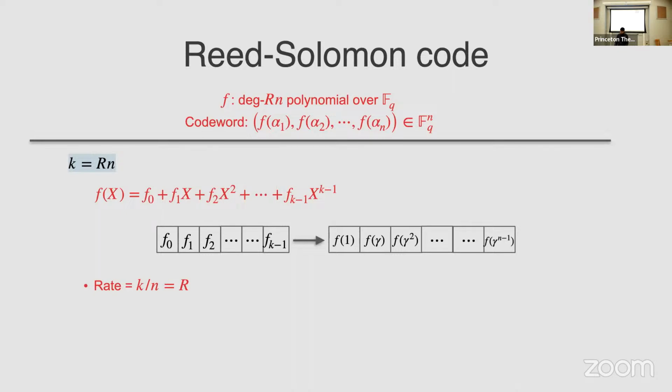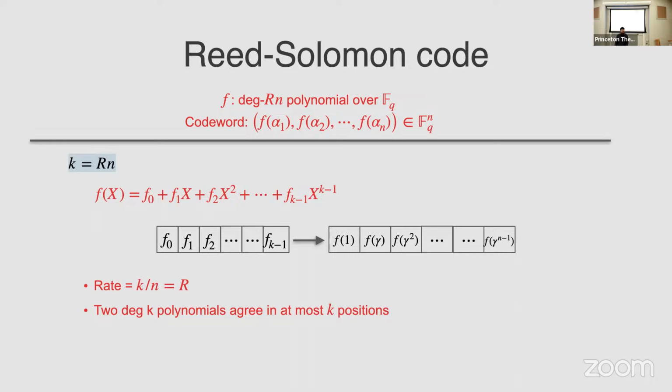What about the distance? Polynomials have this really nice property that any two degree k polynomials cannot agree in more than k positions. That's because otherwise the difference polynomial will have too many roots.